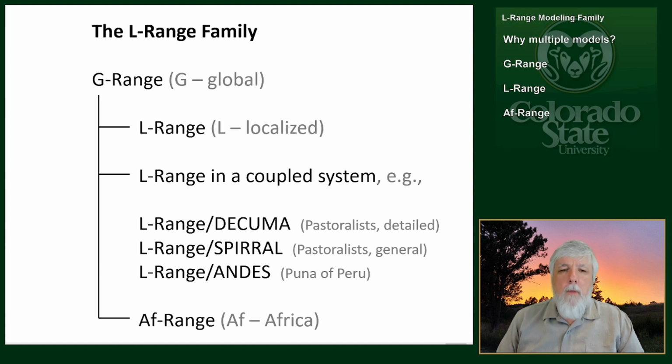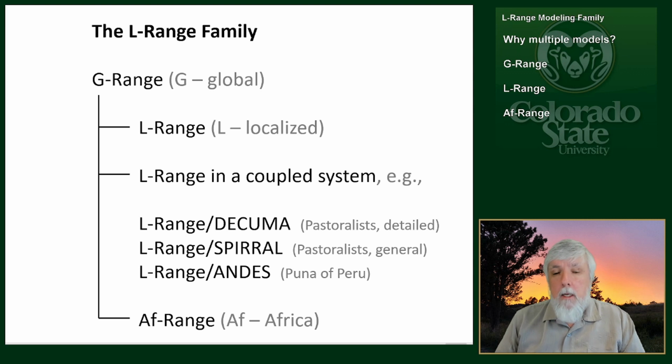When you provide surfaces to L-range, one of those surfaces, spatial surfaces, maps that are used to inform the model about the attributes of cells, one of those surfaces is used to learn about the area to be simulated as well. So instead of assuming it's the globe, it reads what should be simulated from one of those surfaces.